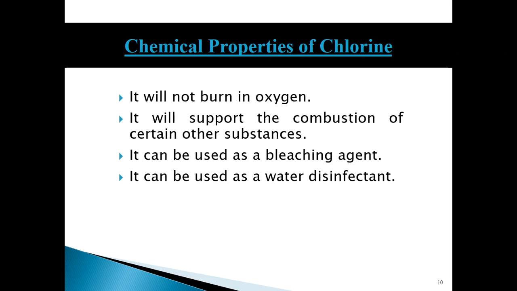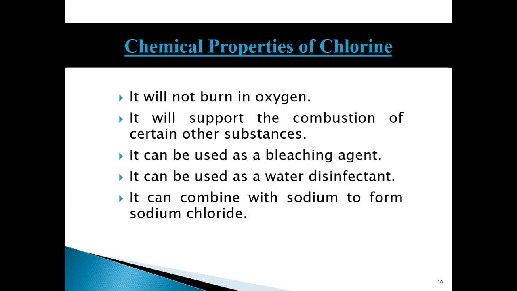The fact that it will not burn in oxygen, that it will support the combustion of certain other substances. It can be used as a bleaching agent, and it can be used as a water disinfectant. And finally, it can combine with sodium to form sodium chloride. So these are all examples of chemical properties.